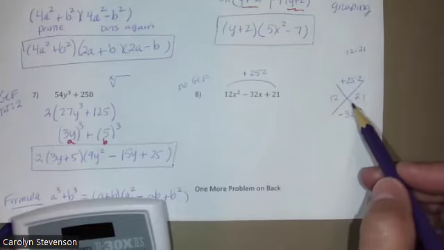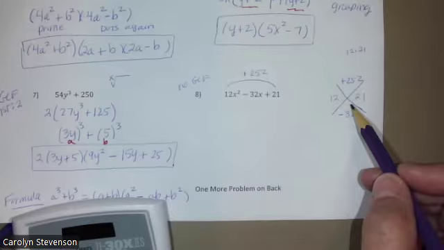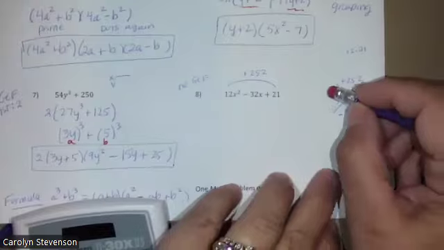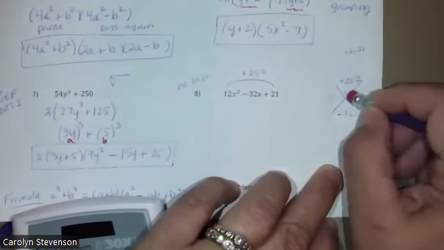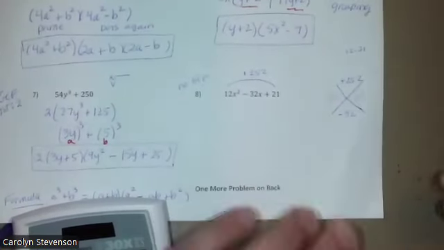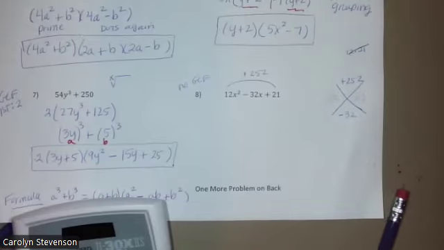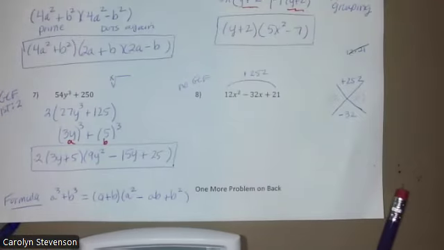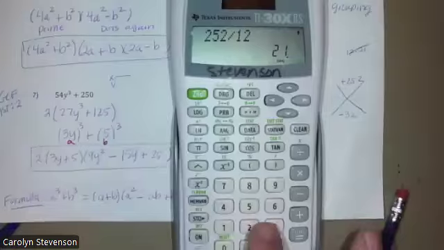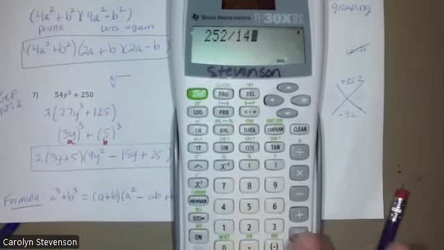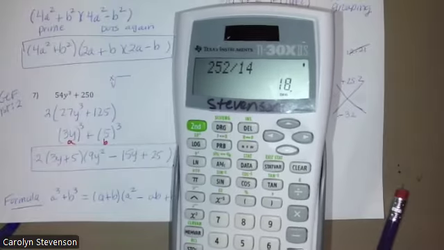Oh, see, I was thinking visually that could be 32, but it's going to be a 33. So they are not right. They look like they might work, but they don't. So 12 and 21 don't work. So let's do 252 divided by 14. 14 and 18.